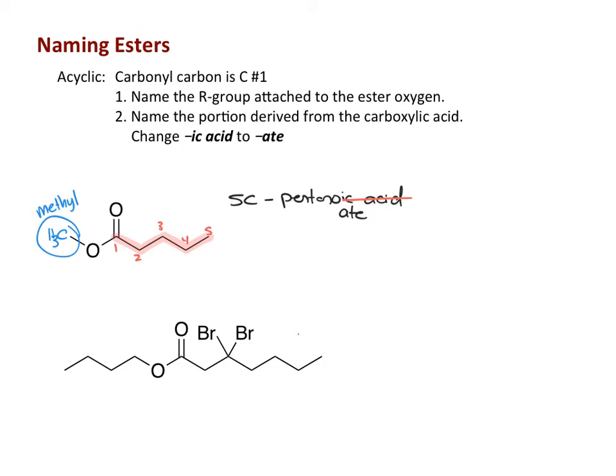So the way we name this, start with your ester R group, which in this case is methyl. Leave a space. If you have any substituents, here's where you would list those. We don't in this case. So now we'll just list our parent. Pentanoate. So the IUPAC name is methyl pentanoate.